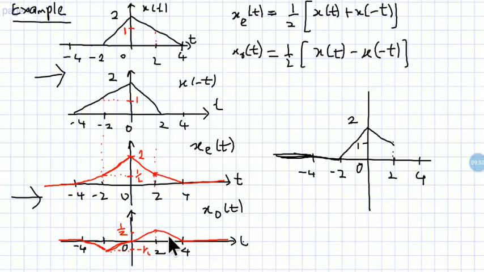It goes down to 0 as time approaches 4. So that is how you check. You see that this signal, which is the addition of the even component and odd component, looks the same as the original signal. That means your sketch for the even and odd components is correct.